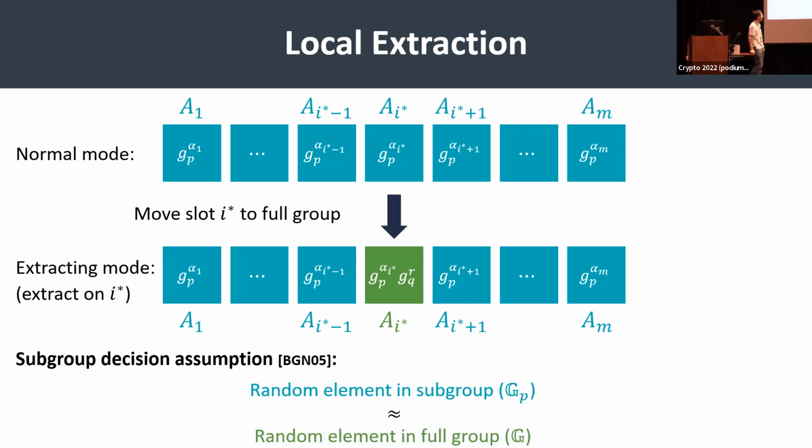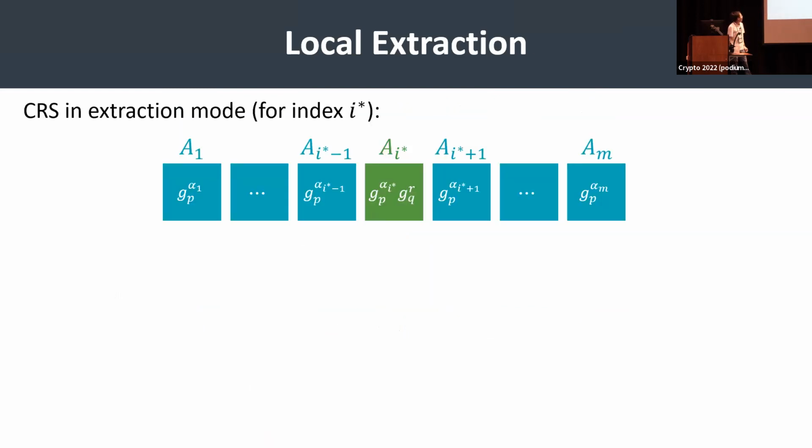By the subgroup decision assumption, which basically says a random element in a subgroup is computationally indistinguishable from a random element in the full group of a composite order group, we can argue that these two CRS distributions are computationally indistinguishable. So how does this help? The trapdoor in our construction will be a generator for the order Q subgroup.